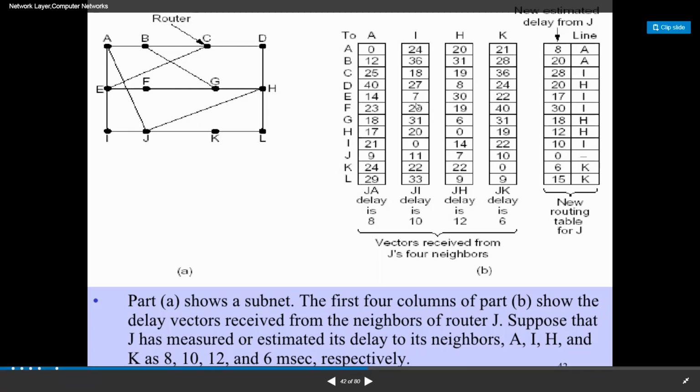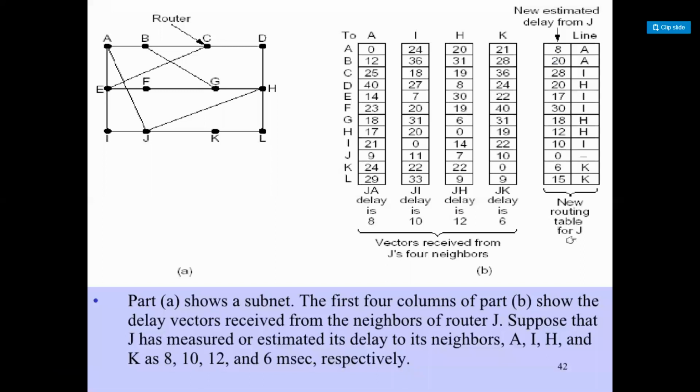All these values are our own values except from A to A, I to I, H to H and K to K. From these tables and the estimated delays from J to its adjacent nodes A, I, H, K, I have derived the new routing table, the new estimated delay from J to all other routers in the table, and the lines through which they go. Okay, this is the new routing table for J.